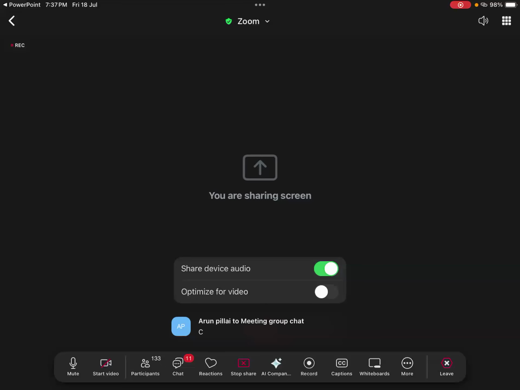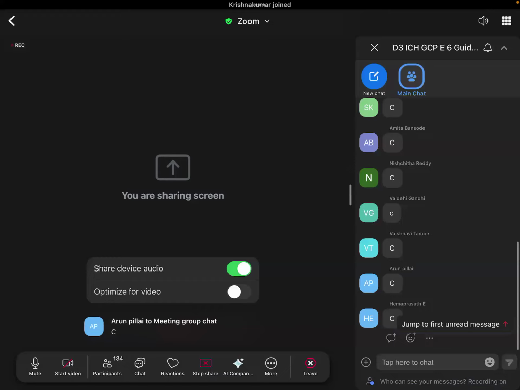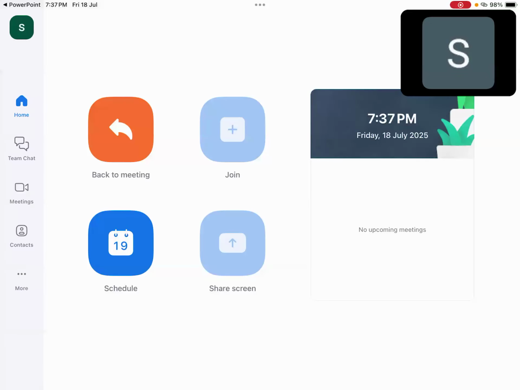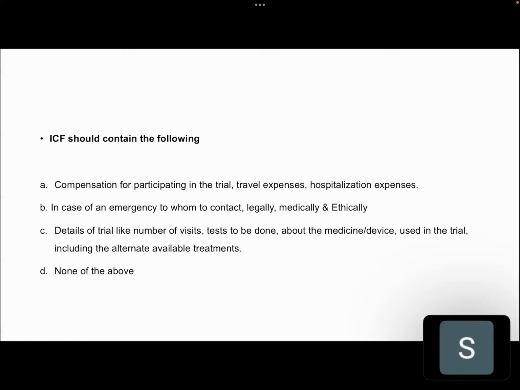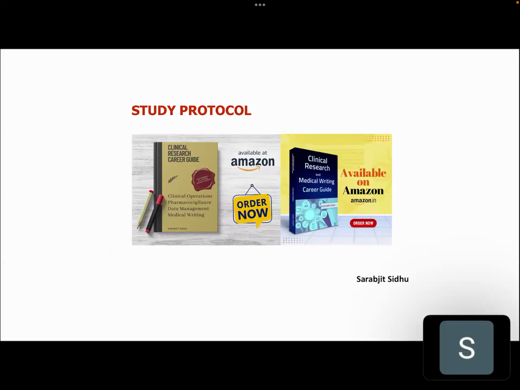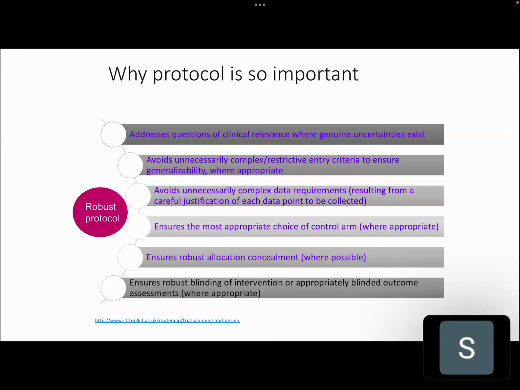Let me see. Excellent. Excellent. Swiping a screen is a bit difficult for me. Most of you have given the right one. Now, study protocol. Just give me a moment, I'm coming back. Just stay here. I'm coming in 1 minute.